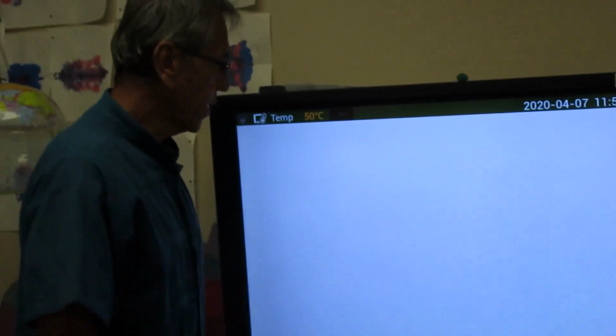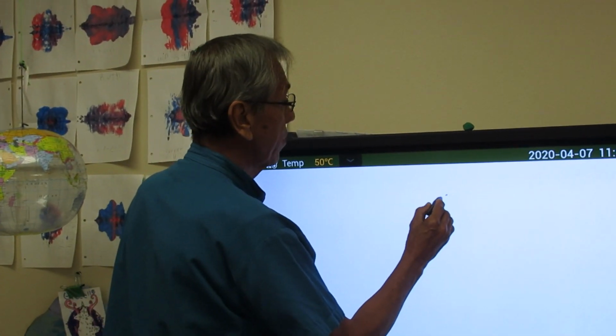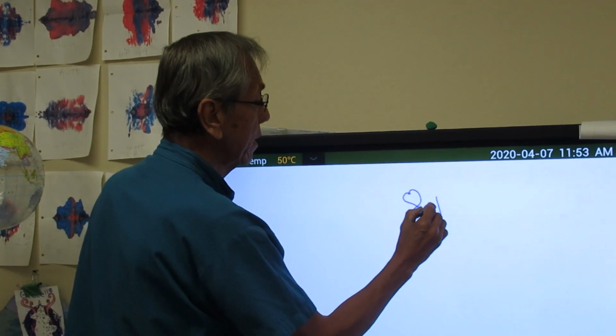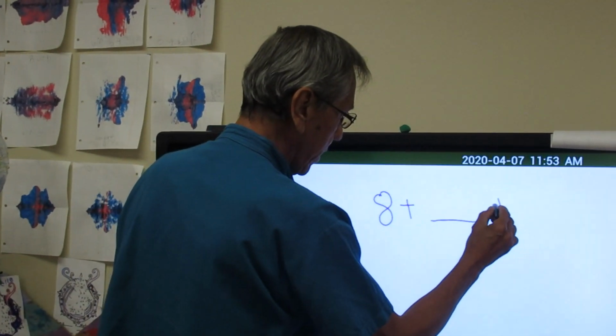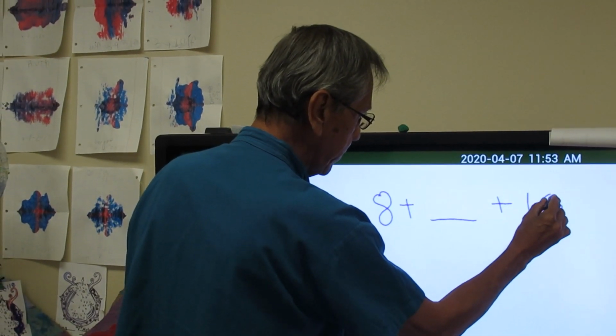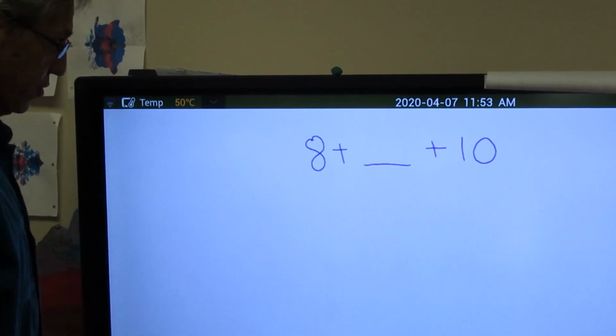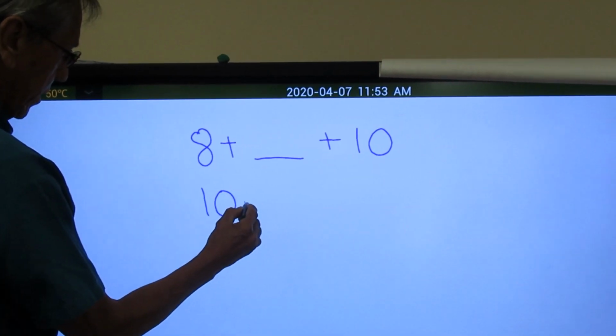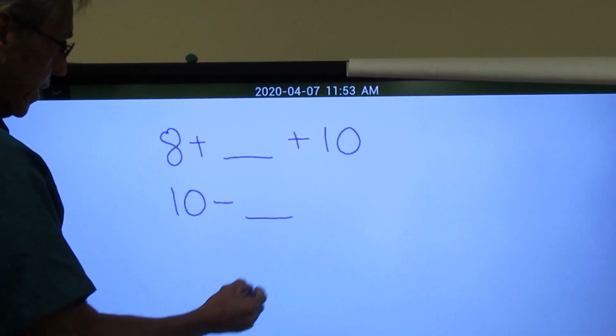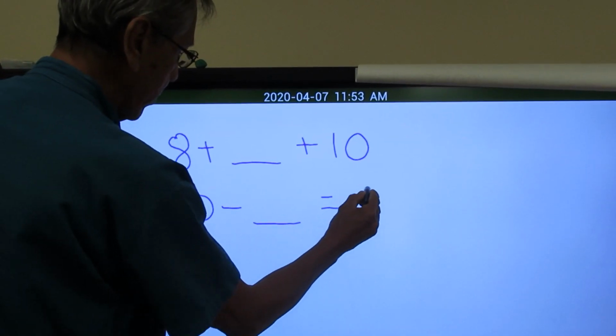Remember, this week we talked about, for example, 8 plus an unknown quantity equals 10. And then in subtraction, we have 10 subtract an unknown quantity equals 8.